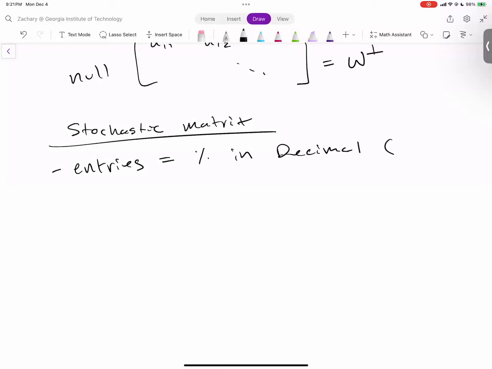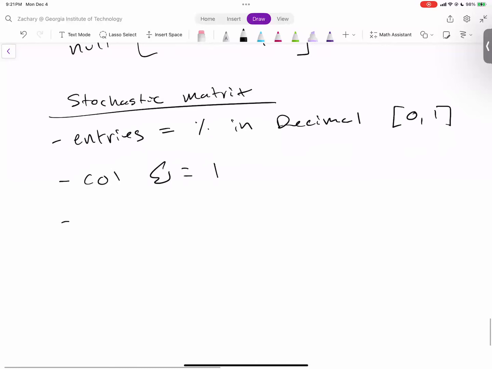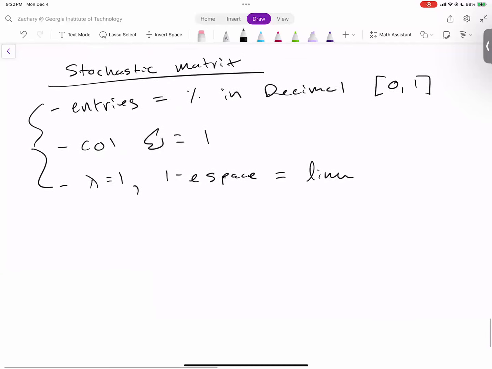That means they must be somewhere between 0 and 1. Each column must sum to 1, each column must sum to 100%. This makes sense for probabilities. Another fact is you will always have a lambda equal to 1. We don't need to spend too much time on why that is, but it will always exist. And the 1 eigenspace will always be a line. These are the three biggest facts I would say about stochastic matrices. Now, positive stochastic matrices are what we talk about.